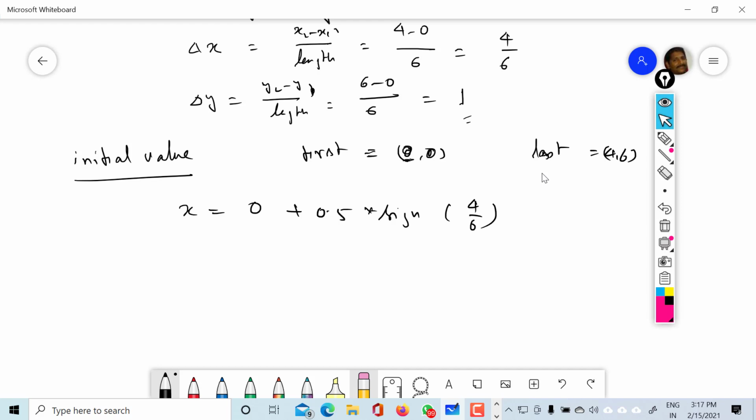Likewise, what will be the value of y? 0 plus 0.5 times sign of 6 by 6, that means sign of 1. So it becomes 0.5 multiplied by 4 by 6.